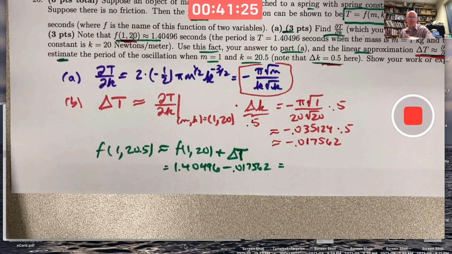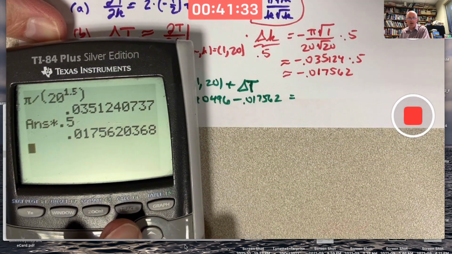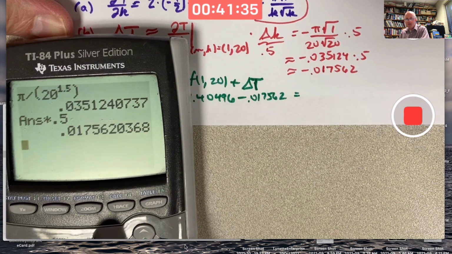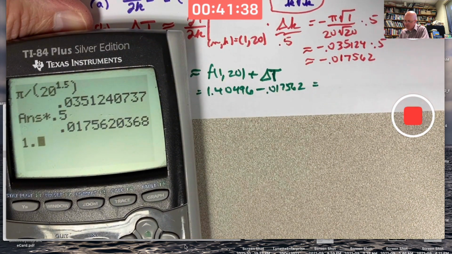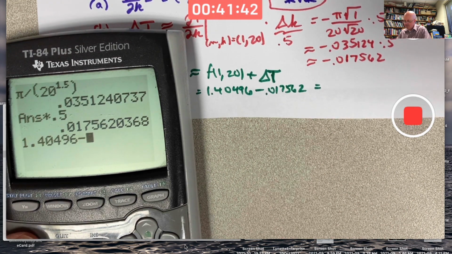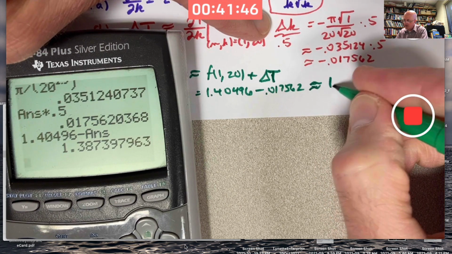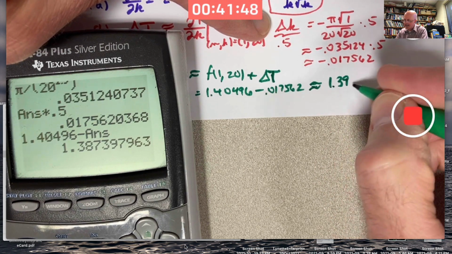Yeah, as the spring constant gets bigger, the spring is stiffer, the oscillation is faster, and that's going to make the period go down a little bit. So we're going to have, again, 1.40496 minus this. It's about, okay, let's round here, 1.39 seconds.